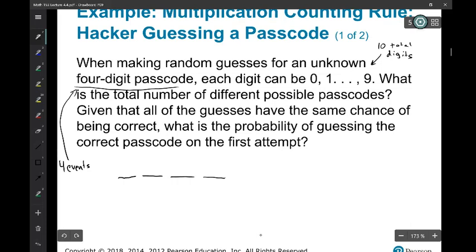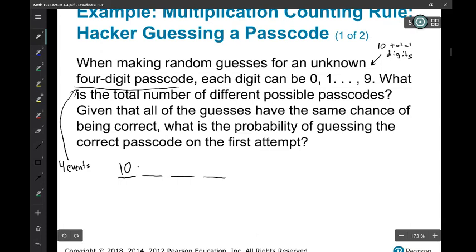So that means the total number of ways of guessing the first digit would be 10, since there's 10 total digits. Now the next digit could be the same as the first one, so it's not like we're removing the possibility. If you had a 0 first or a 3 first, you could still repeat that.